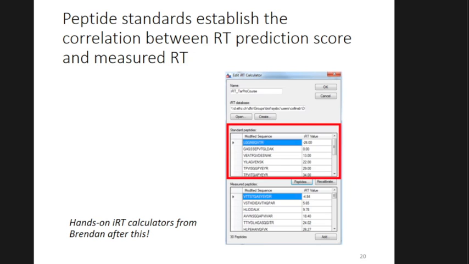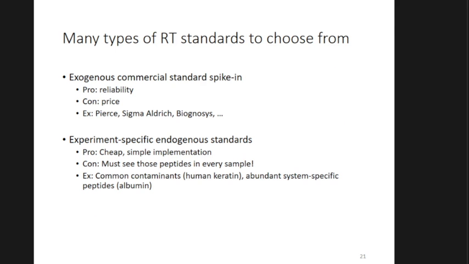All right, so like I keep mentioning, Brendan will be down. I wanted to just show you some of the different retention time standards that you can choose from. So we mentioned the commercial Pierce standard, which is an exogenous commercial standard. There's also Sigma Aldrich has one, Biognosis has one.